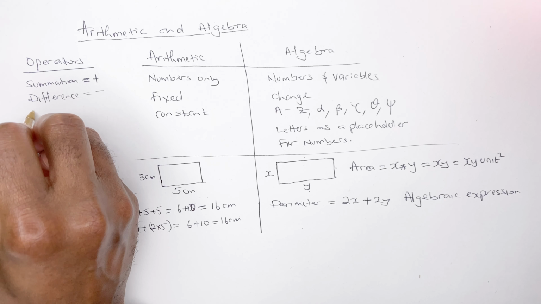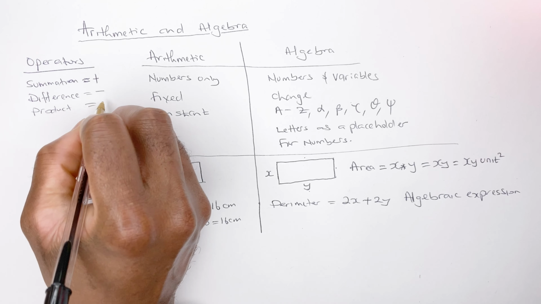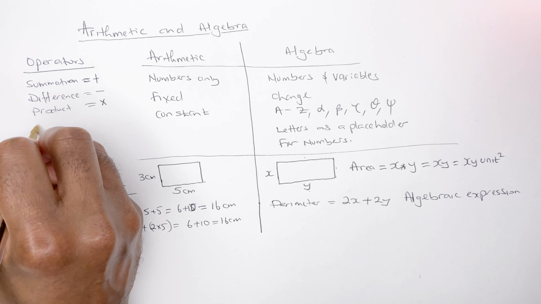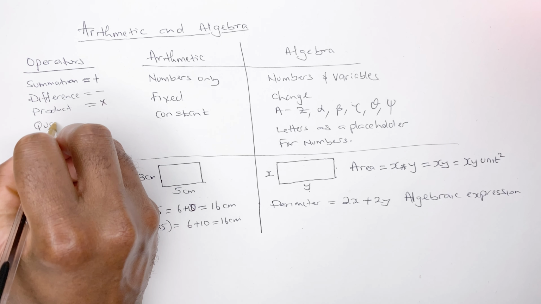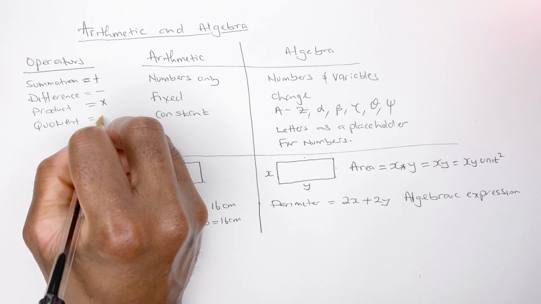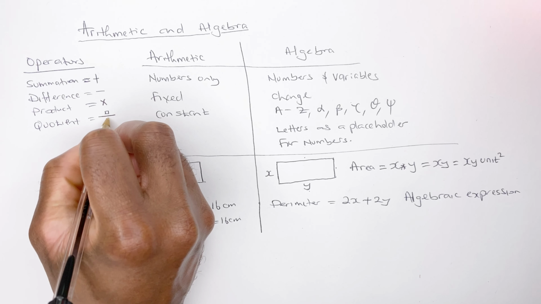We have product, which is multiplication, times, and we have quotient, which is what we call divide, which is numerator and denominator.